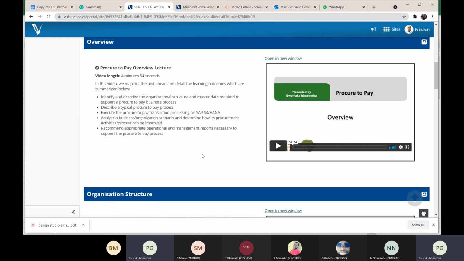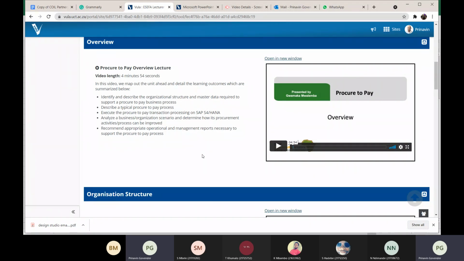Kwamaka Walemba, right? And under this section, Procure to Pay, we identify and describe the organizational structure, what's master data, what are the typical procure to pay processes. We will execute a procure to pay transaction processing on SAP S4HANA, which we have done.